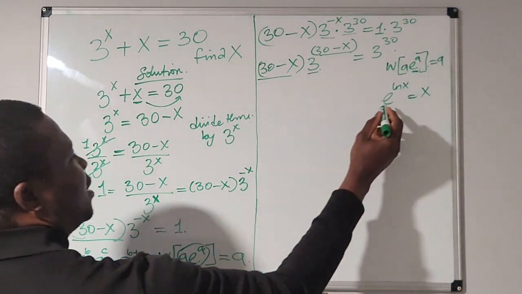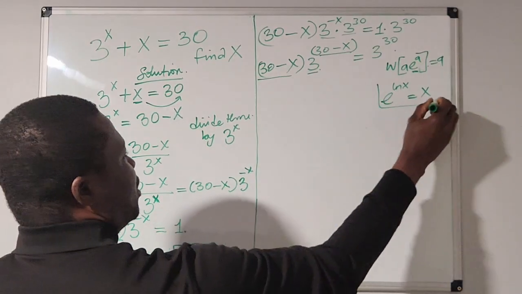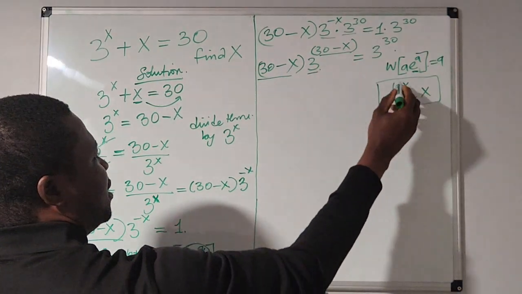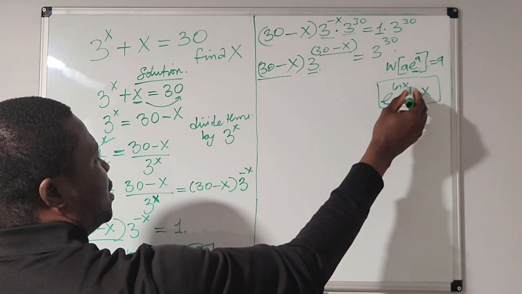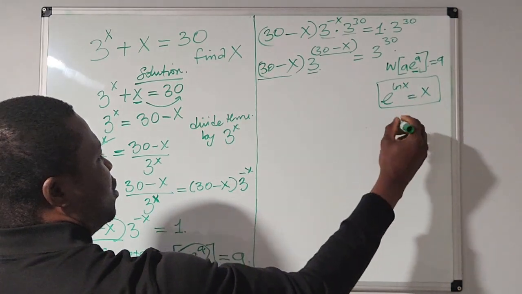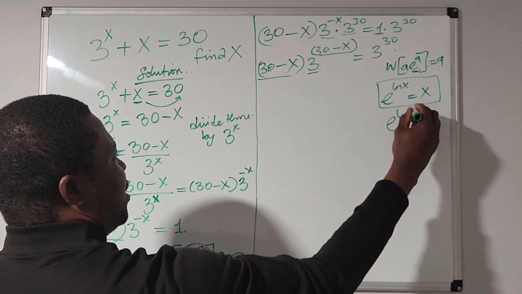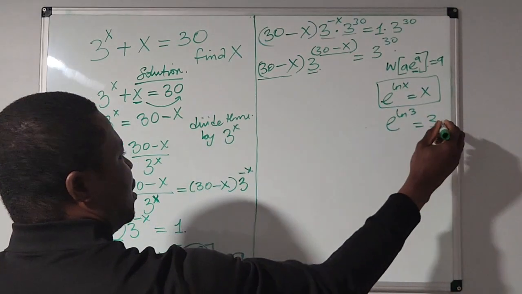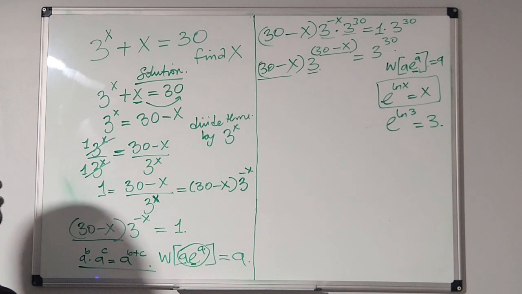So if we replace our x by 3, because we're trying to get 3, it's the same thing as e raised to power ln 3, which will give us 3. That's what it means.